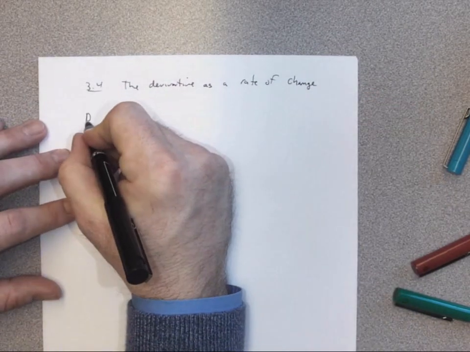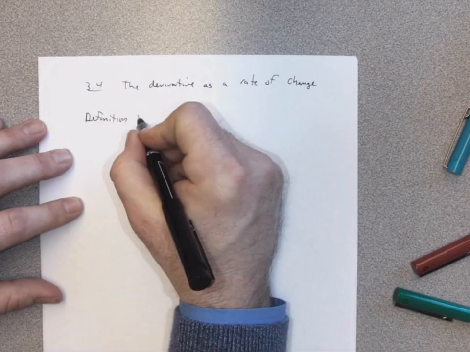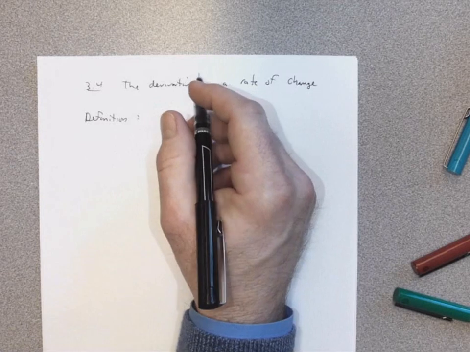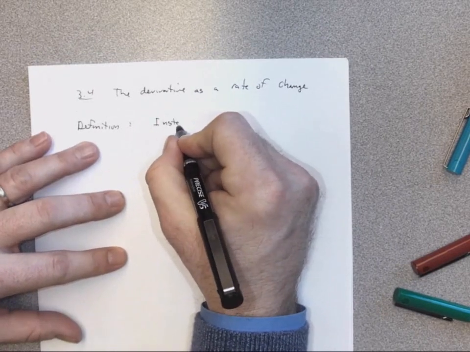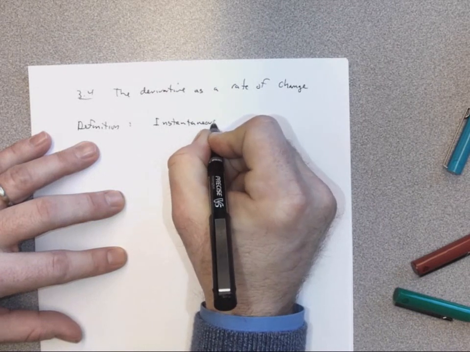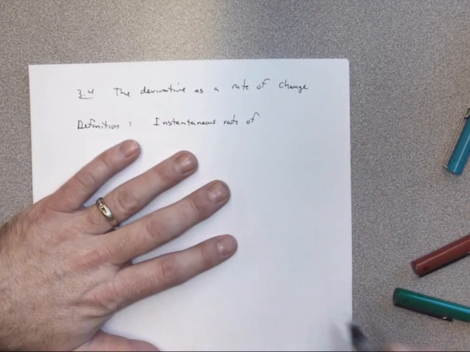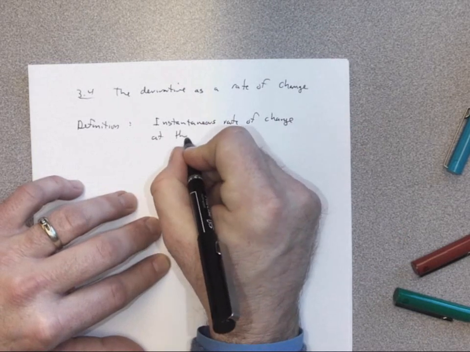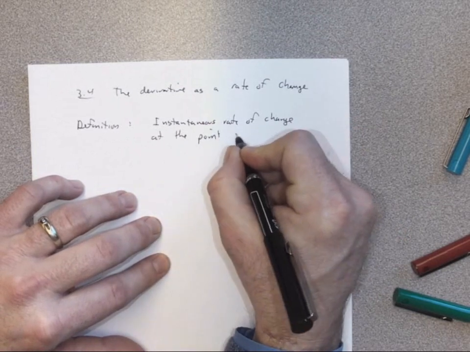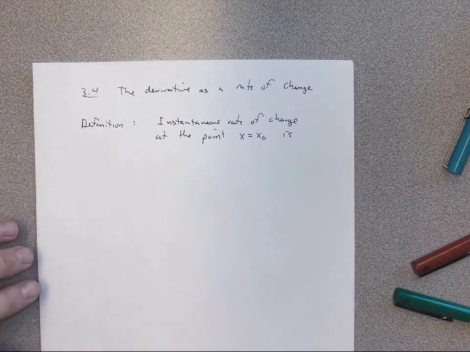The first definition is they talk about instantaneous rate of change, and we've already defined that instantaneous rate of change at a particular point. Rate of change at the point x equals x naught is, and then we already know this, it's f prime of x naught.